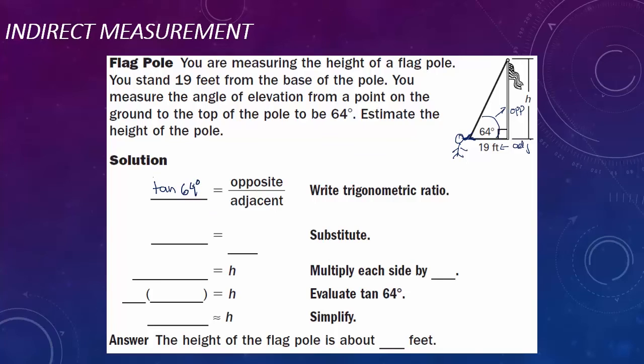The tangent of 64 degrees is going to be the opposite, which is my unknown, the height h, over 19. Cross multiply to isolate h, so we get 19 times tangent 64. Tangent of 64 is approximately 2.0503. Multiply that by 19 to get the height as approximately 38.9557. The height of our flagpole is approximately 39 feet.